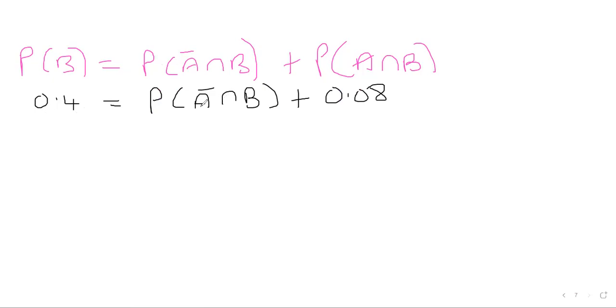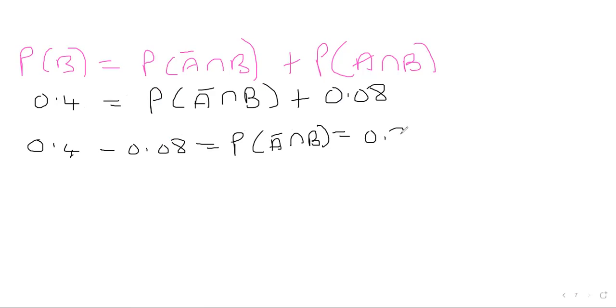Here, we don't know what this is. But here we calculated the intersection of A and B as 0.08. So when this one goes this side, 0.4 minus 0.08. So we're going to have what? A complement intersection B. So when we subtract that, it gets 0.32.